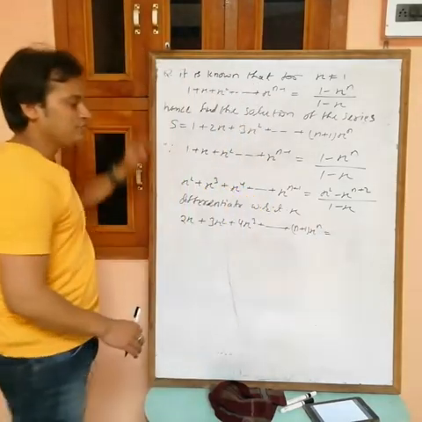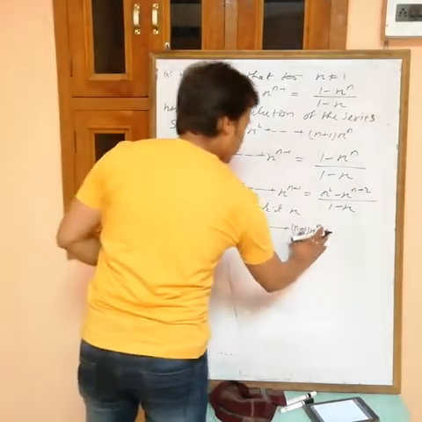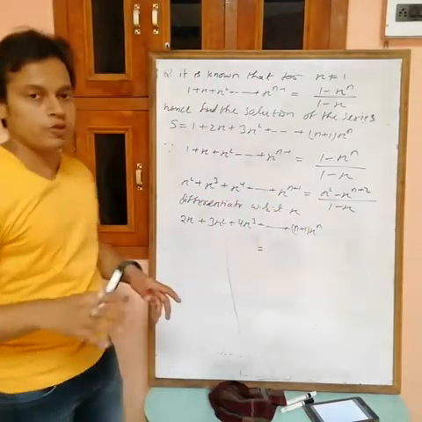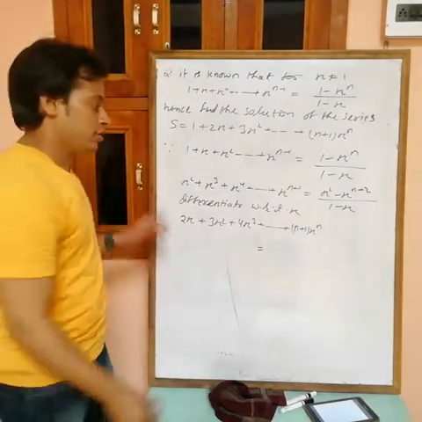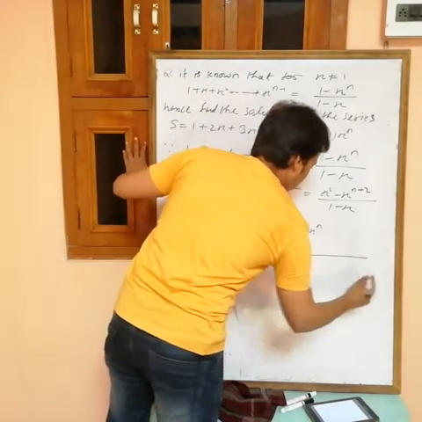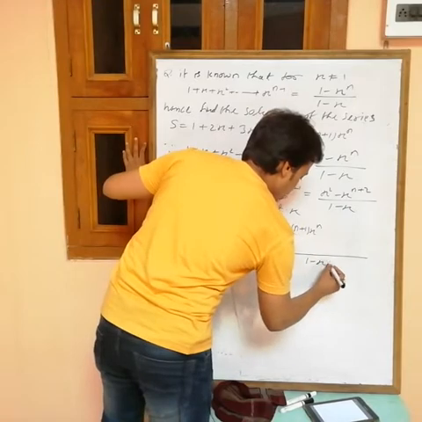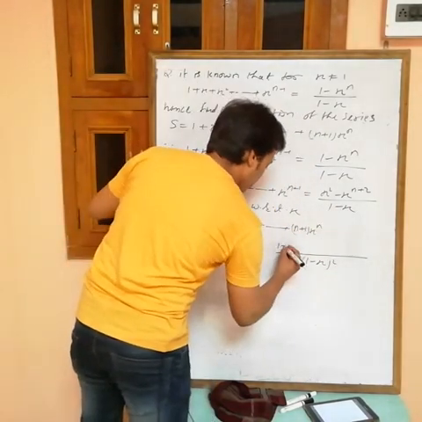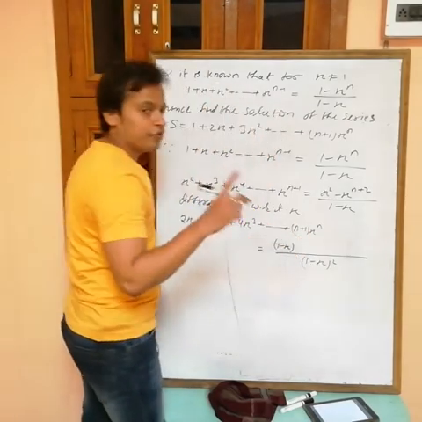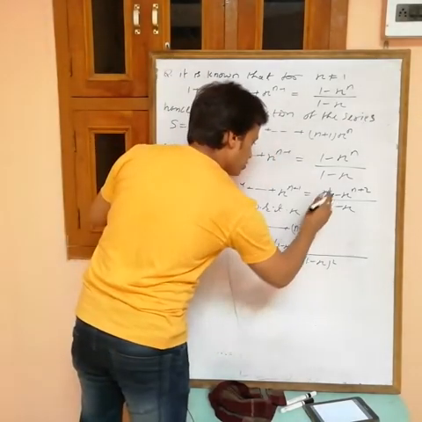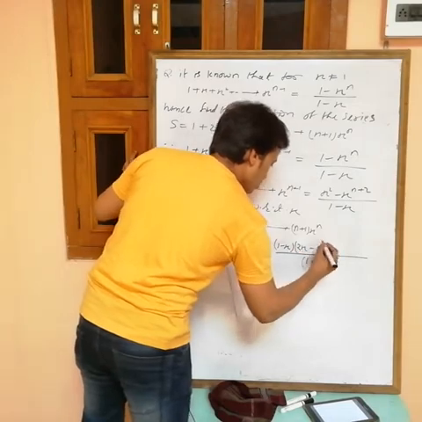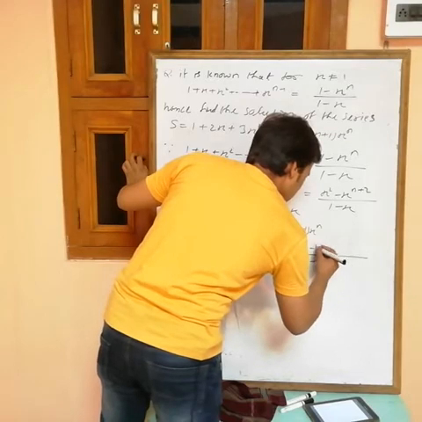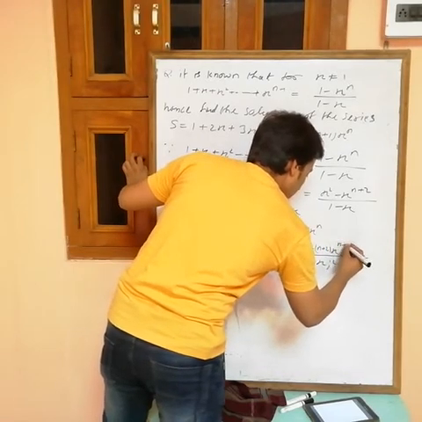Now here we want differentiation of the RHS also. So this is differentiation using the u by v formula. Applying the u by v formula, in the denominator we have the square of the denominator, then in the numerator first write the denominator (1 minus x), then the differentiation of the numerator: differentiation of x square is 2x, minus differentiation of the other term, which is (n plus 2) into x power n plus 1.